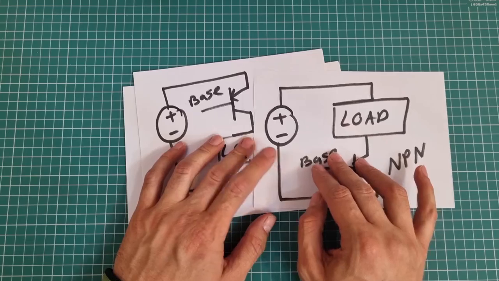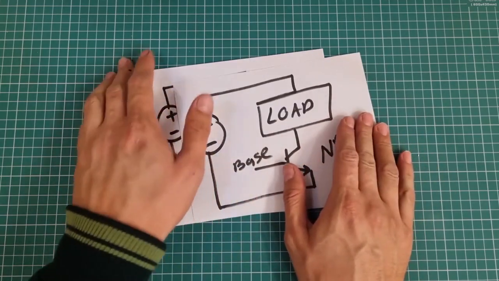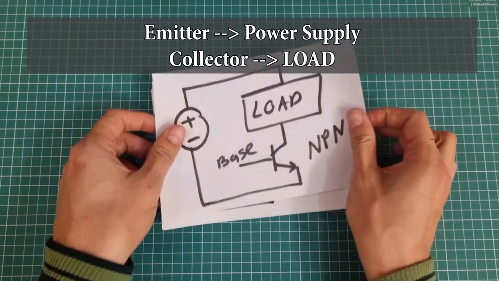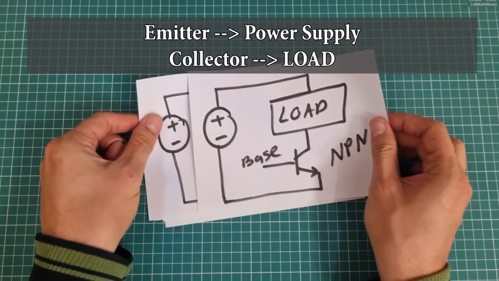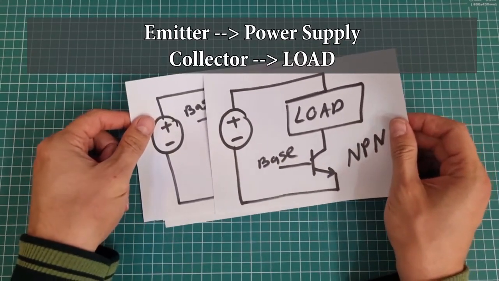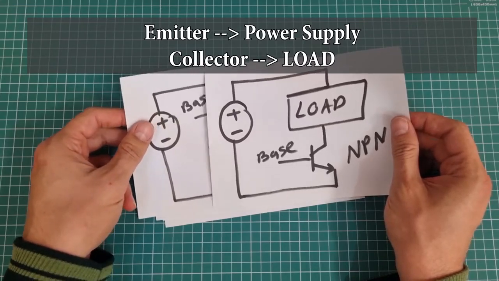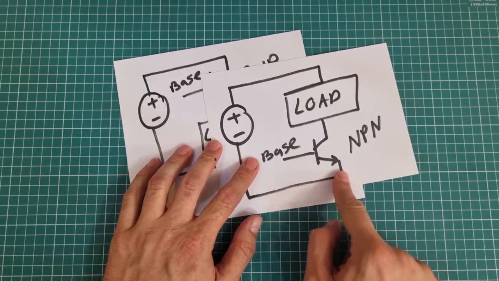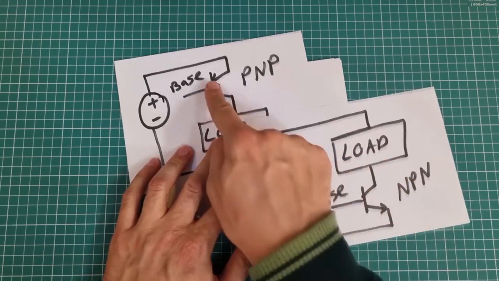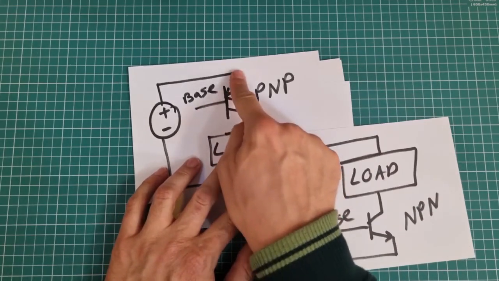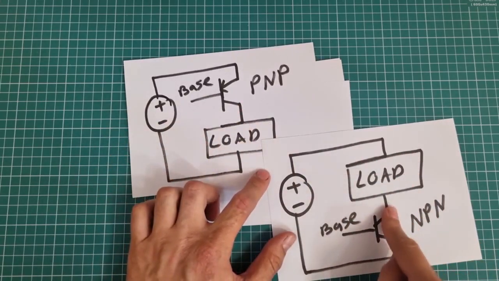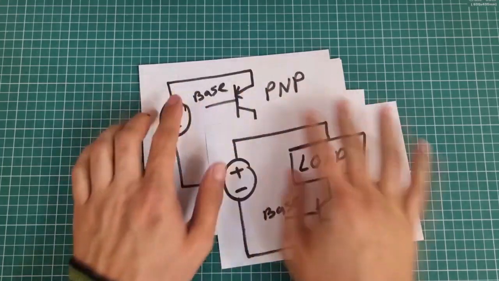Otherwise, the transistor will fall into cutoff mode and will turn off. In addition, the emitter pin must be connected to the power supply and the collector pin is always connected to the load in both types. Look here, emitter is connected to power supply, emitter is connected to power supply, and collector is connected to load, here and here, in both types.